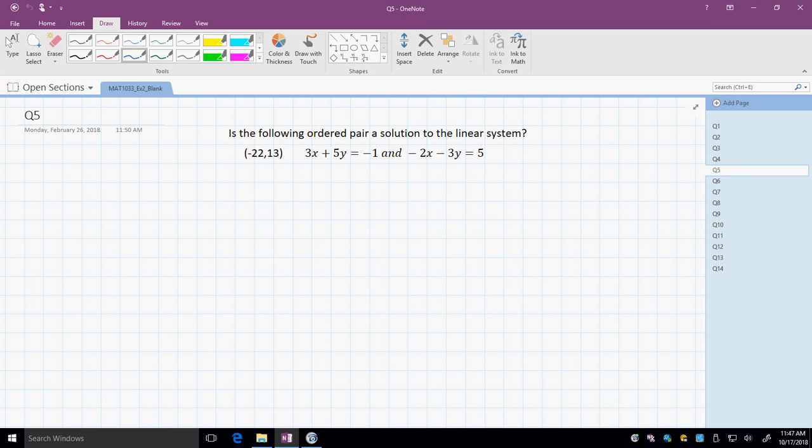Okay. To figure out if those numbers are a solution of this system, we have to substitute. Remember that always here is going to be your x and your y. So you're going to rewrite it and substitute x for negative 22 and y for 13.